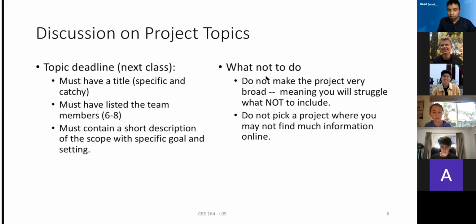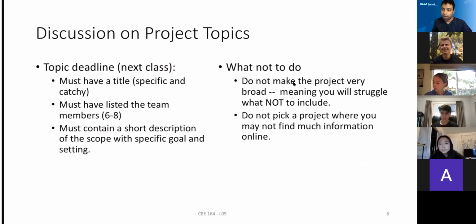So again, what not to do is don't make the project very broad. It should be a little bit specific. And do not pick a project where you are not confident about finding information online, because you are going to search for it. You can do a Google search and see what information is out there. That will at least give you indications.